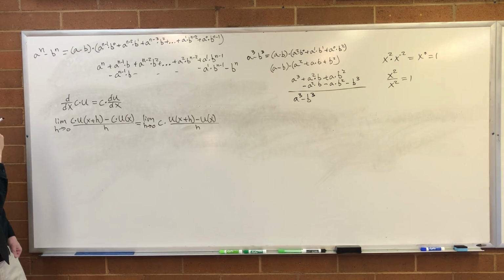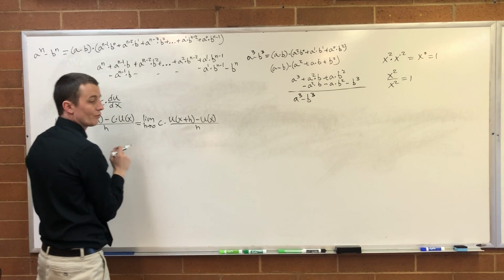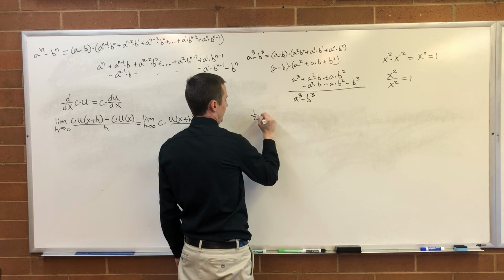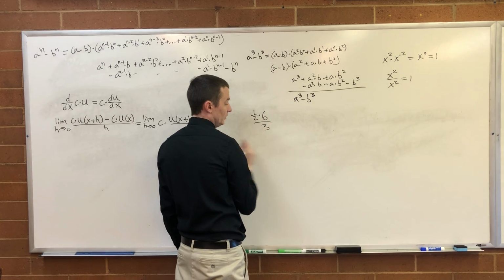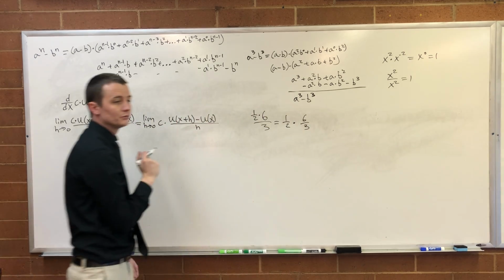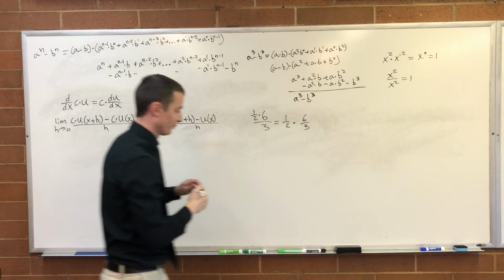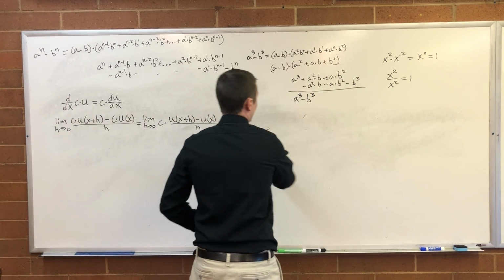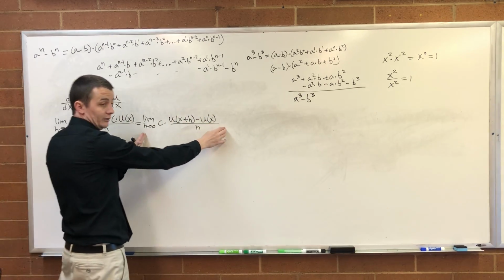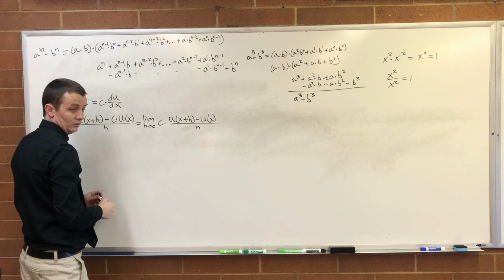How did you pull the c out of the numerator? I factored it out, completely out of the fraction. Isn't it c over h? It's like 1/2 times 6 over 3, the same thing as 1/2 times 6 over 3. You can pull factors in the numerator all the way out. Now, remember this is still just a limit, and I already know from my limit rules that I can pull my constants out of my limits.